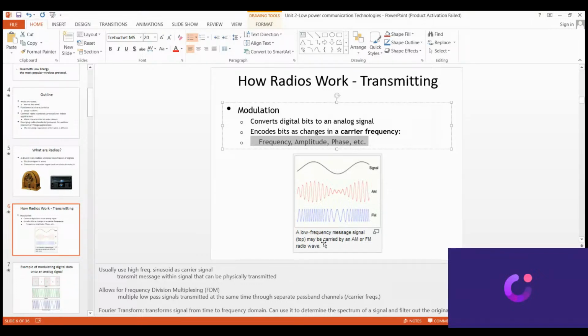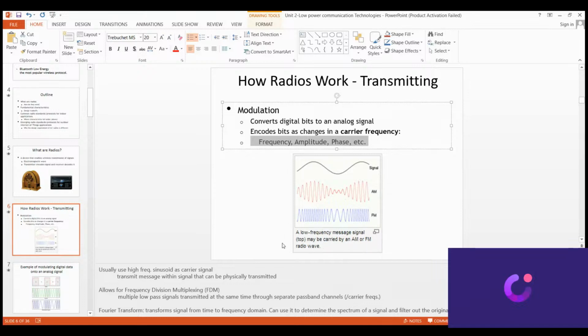So a low frequency message signal, like the one at the top, may be carried by AM or frequency modulation. AM is amplitude modulation, and then you have frequency modulation waves.